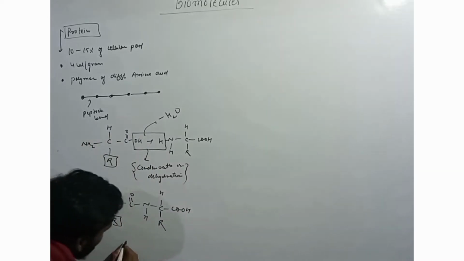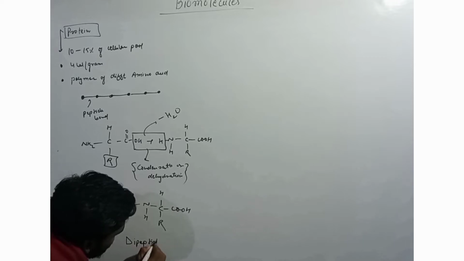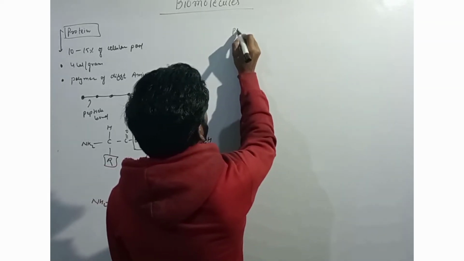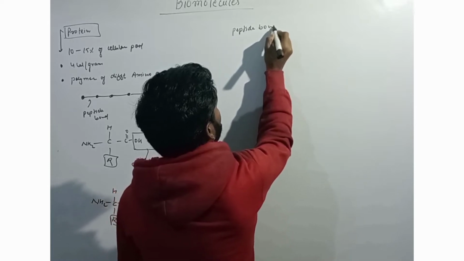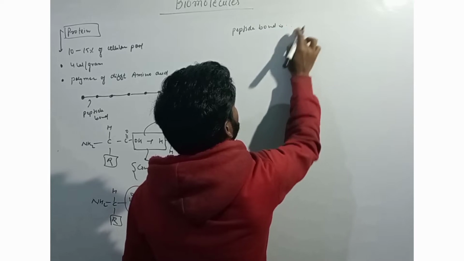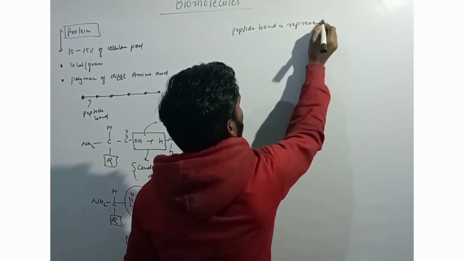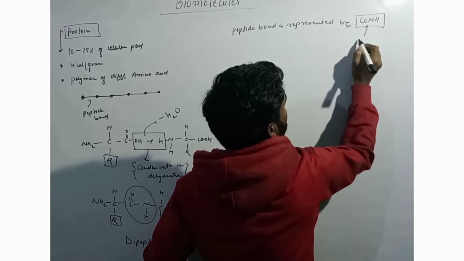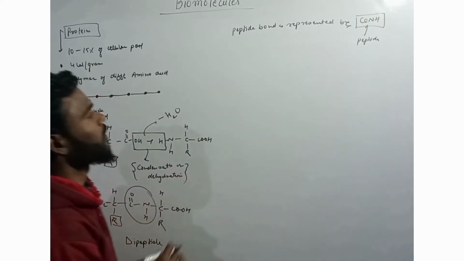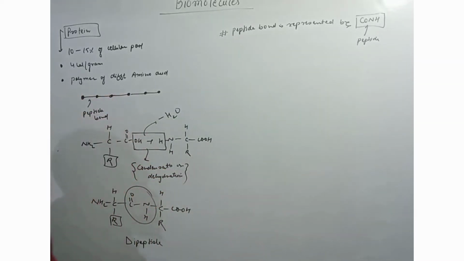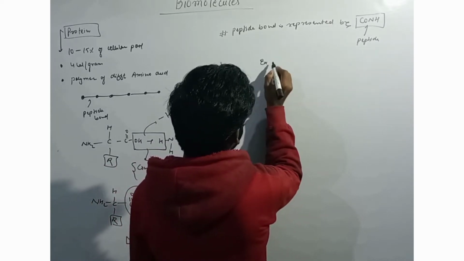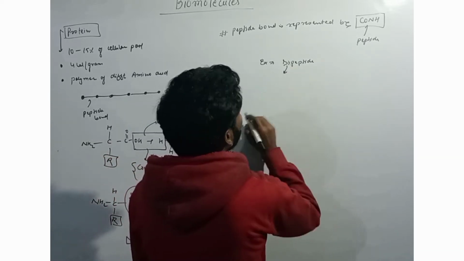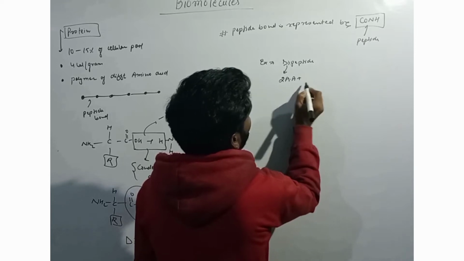Now it becomes a dipeptide. Please do remember, it becomes a dipeptide and the peptide bond is represented by the CO-NH bond. So when talking about a dipeptide, it indicates that it contains two amino acids plus one peptide bond.